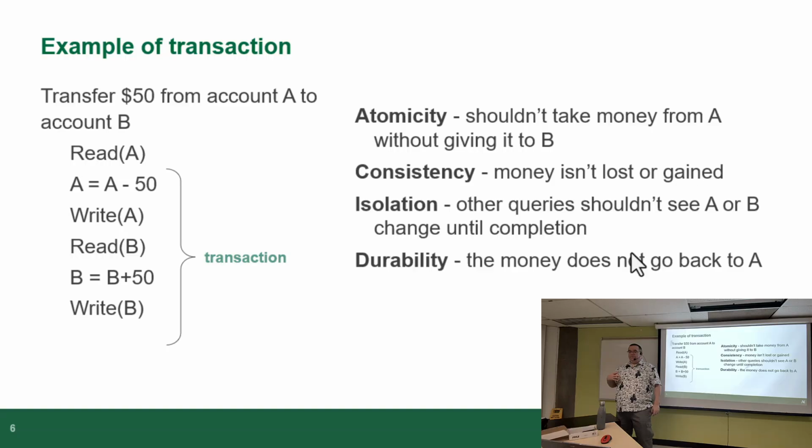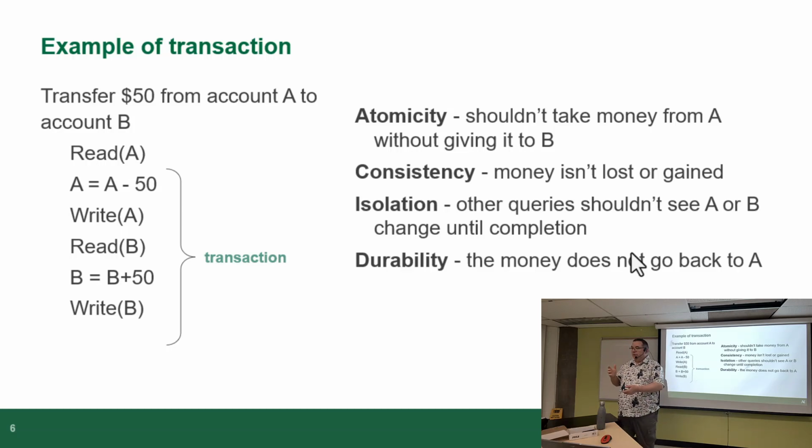For example, we want to transfer $50 from account A to account B. That's something most of us have experienced. You've got your main account, then you've got your backup account where you have your money for your hot dogs, because that's your backup money and you're running low, so you have to transfer funds from one account to the other. This is something all the banks do.